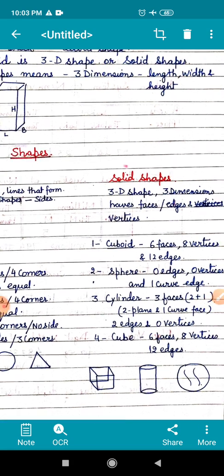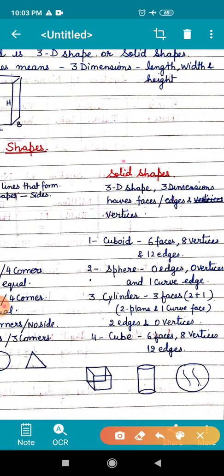Here you can see there are 4 types of solid shapes: cuboid, sphere, cylinder and cube. Cuboid is 3D shape with 6 faces, 8 vertices and 12 edges. And the face of cuboid is rectangular face.